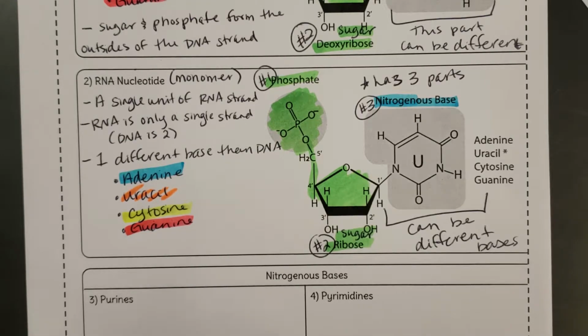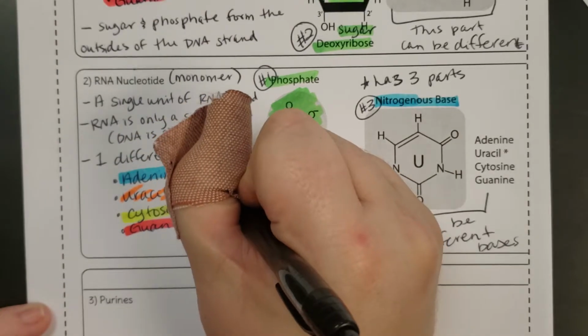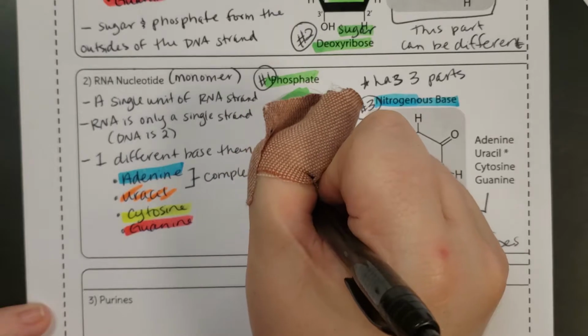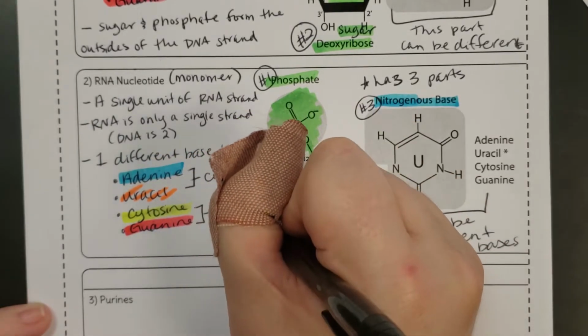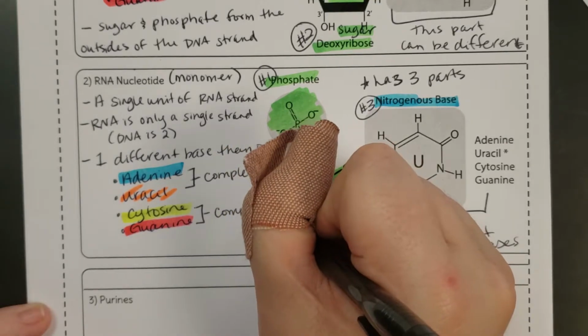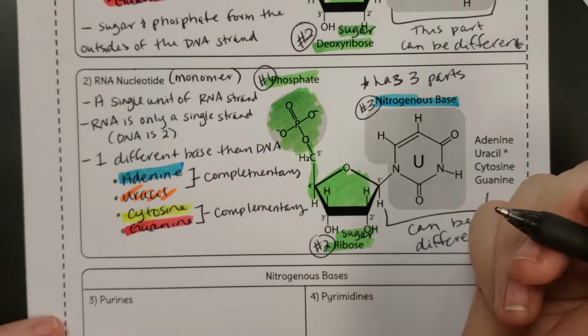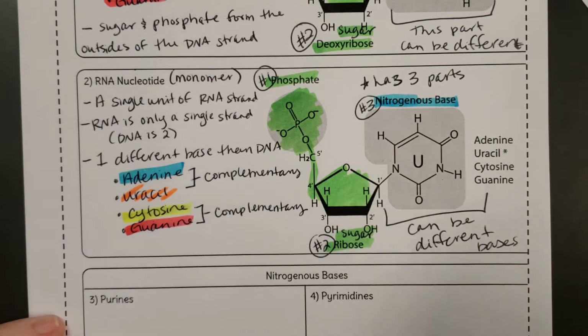This way, it can keep things organized. Again, these 2 are the complementary bases. And these 2 are the complementary bases. They always go together in RNA. So it's very important that you remember that this is for RNA only.